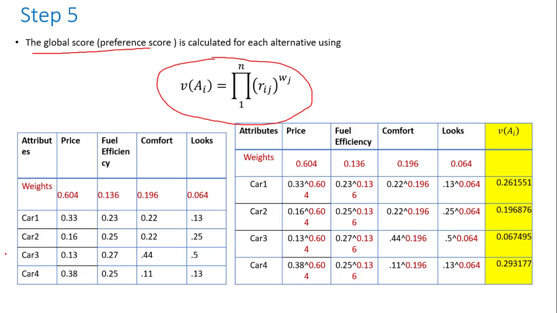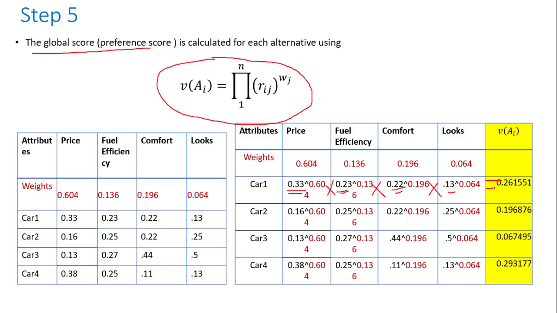This is the normalized decision matrix along with weights. So 0.33 raised to the power of its weight, 0.23 raised to the power of its weight, 0.22 raised to the power of its weight, 0.13 raised to the power of its weight, and all of these will be multiplied together.